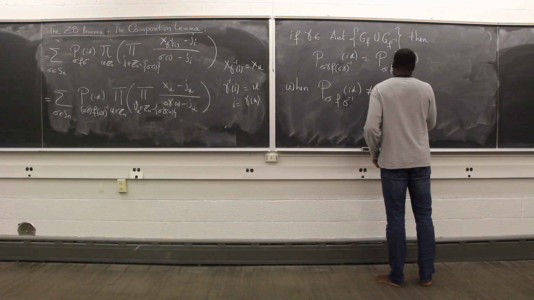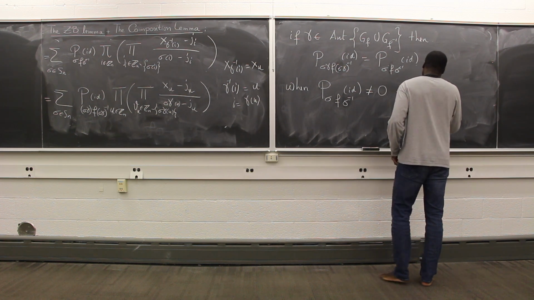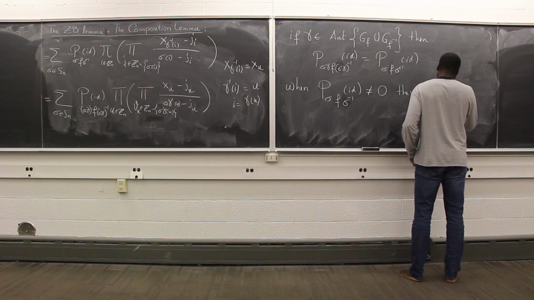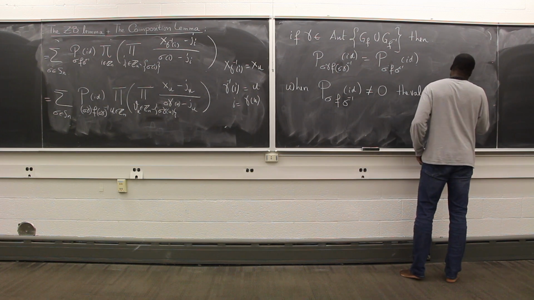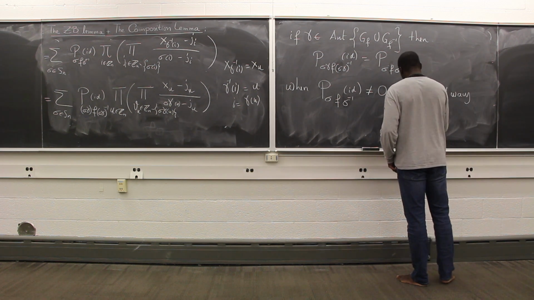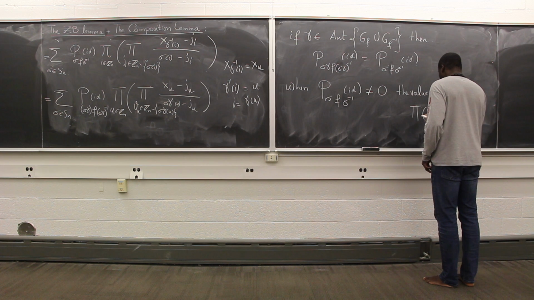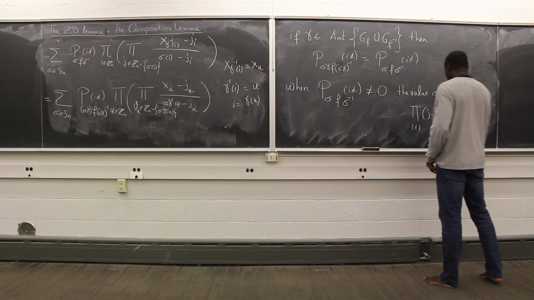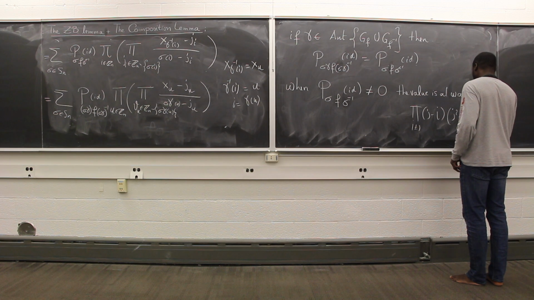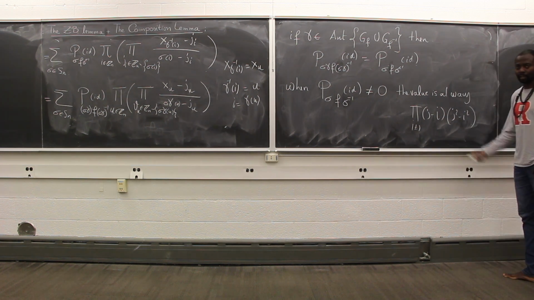The value is always equal to the product of j minus I different from j squared minus I squared. Always equal to this.